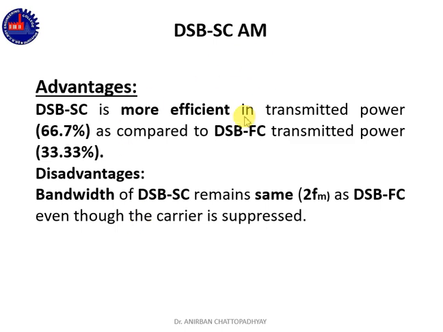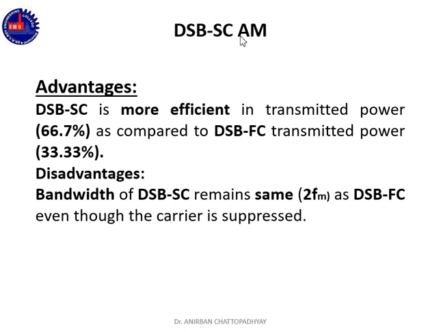So the advantage and disadvantage of DSBSC AM we can summarize in this manner. The advantage of DSBSC signal compared to the DSBFC or conventional AM signal is that the power efficiency increases, that is 66.7%, whereas in DSBFC signal it is 33.33%. We already determined both in the derivations, so it is clearly visible that power efficiency increases in DSBSC AM signal.